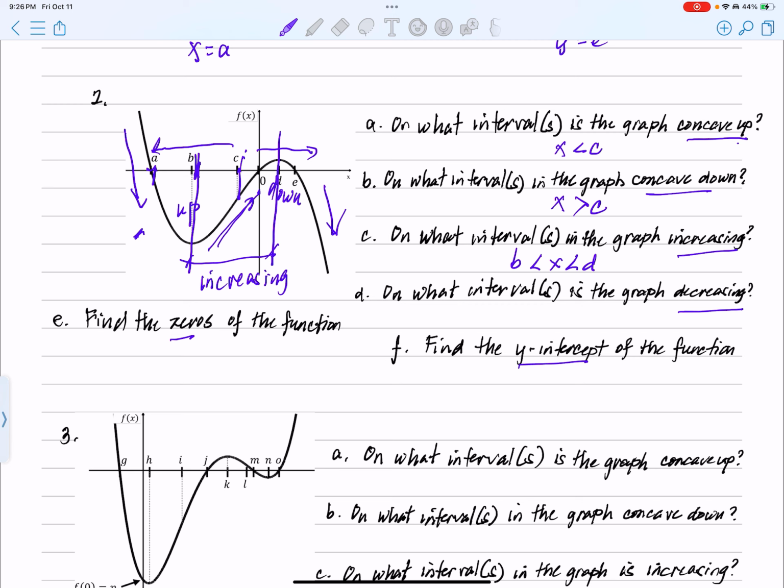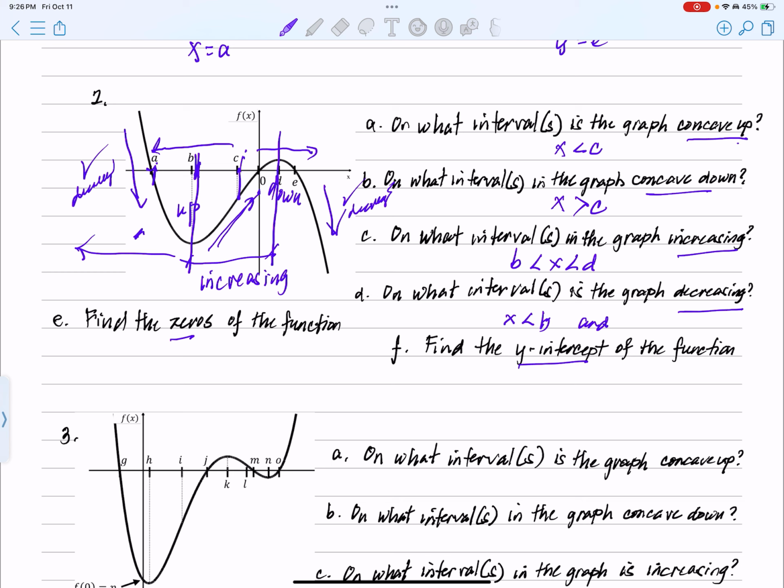How about decreasing? Okay, we can see 2 decreasing here. This is also decreasing. So when x is less than b, it's decreasing.